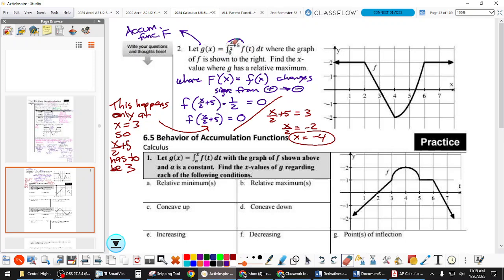If we think back to this, since it's still the same function graph, what changed is the fact that this is now x over 2, not just x like in the previous one. So whatever value we found for x was the value, because there was no messing around with that value. So we're saying the same thing as over here.